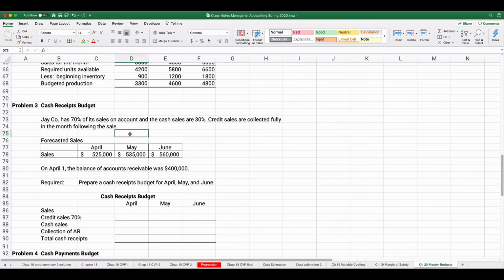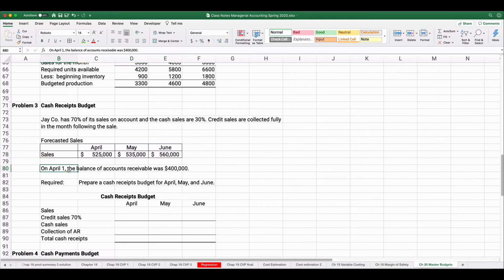Now, this is important because sometimes we might say half are collected this month and half the next month. Or we could say 60% this month, 30% the following month, 10% the following month. All right, so our forecasted sales for April, May, and June are 525,000, 535,000, and 560,000.